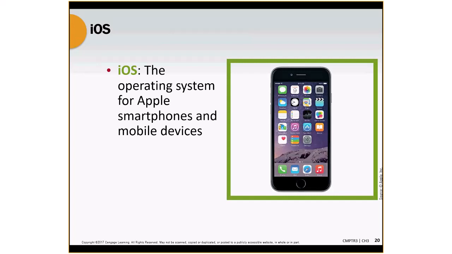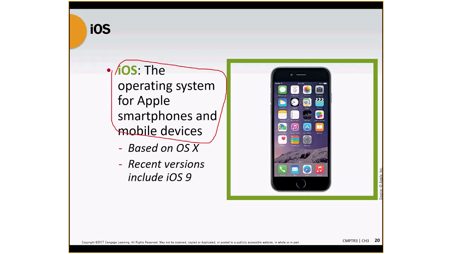iOS is basically the operating system used for Apple smartphones. We've seen that. It's based on the same one that we use for our Apple computers, which is OS X. Recent versions include iOS 9, but it's probably been updated since then.